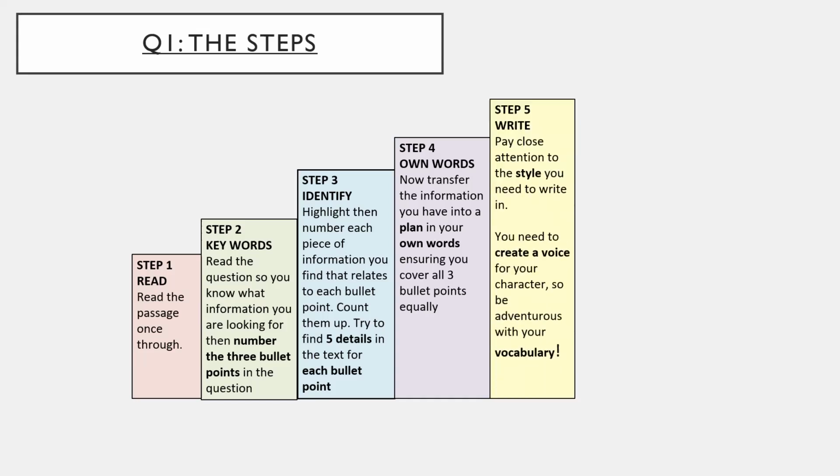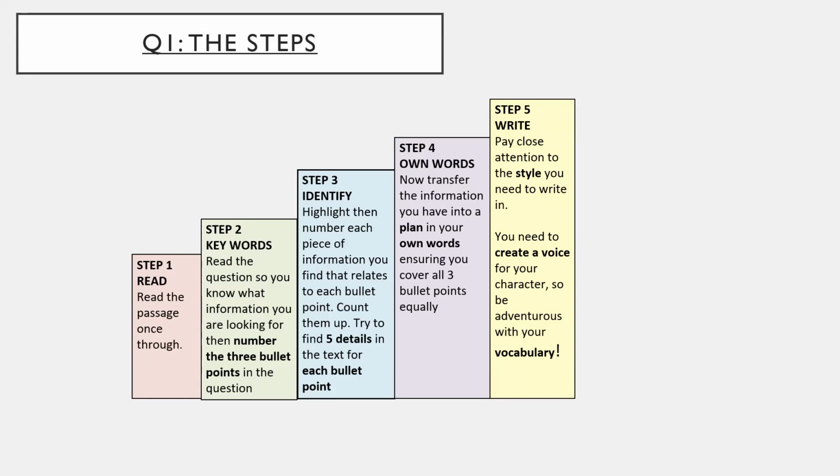Step 5, write. Pay close attention to the style you need to write in. Like we saw before, they were asking for a letter in informal style. So really focus on what the question is asking you and what style you need to write in. You need to create a voice for your character and be adventurous with your vocabulary.